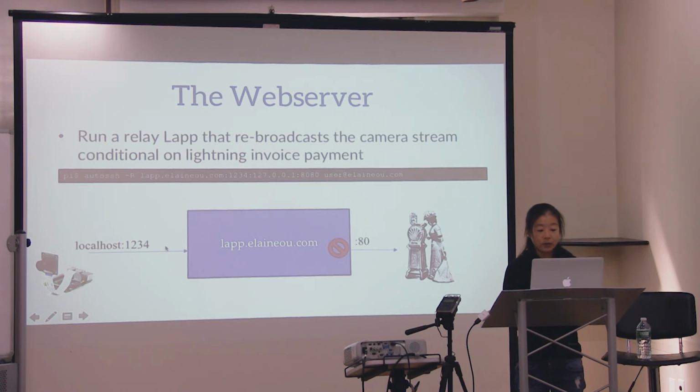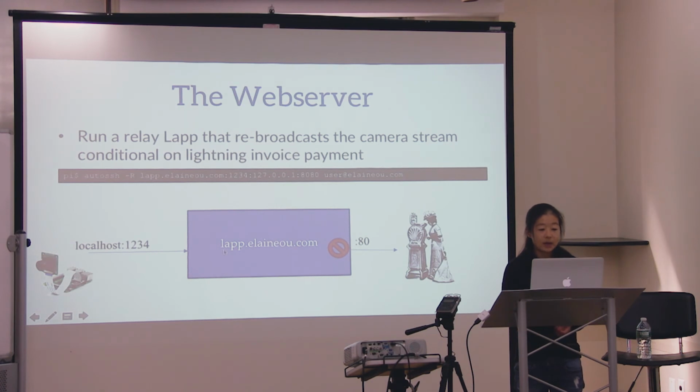we can now build an app that acts as a relay, but it's a gated relay. It doesn't just automatically relay everything it receives from the device over to the customer. It'll rebroadcast it only if it receives a payment.